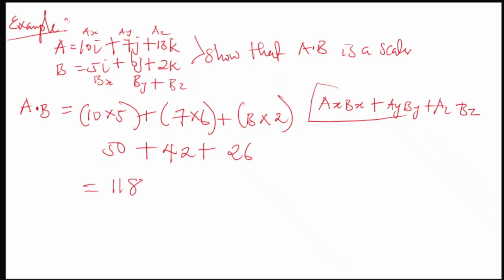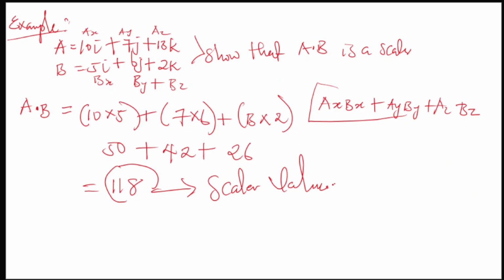Now look up. Is your 118 having any direction attached to it as per your unit vector? No. We are just seeing 118. So that's telling you that this is a magnitude, just having a magnitude without direction. And this shows you that this is a scalar value. Am I communicating?